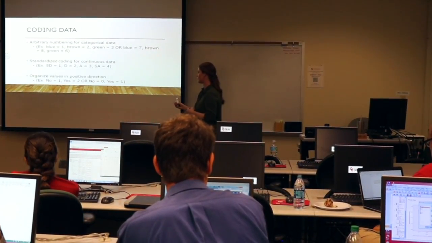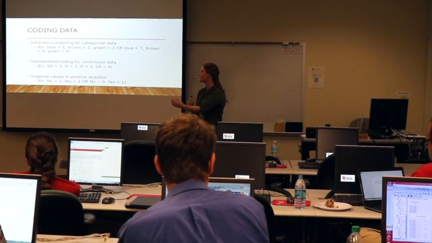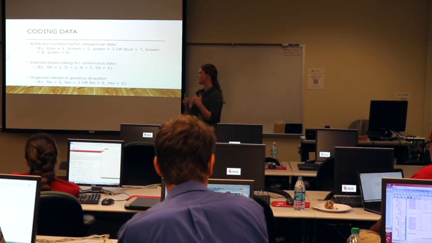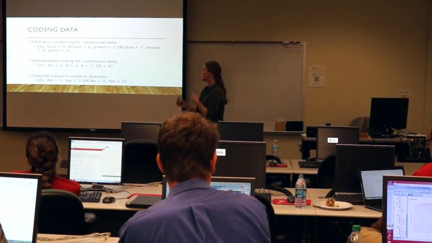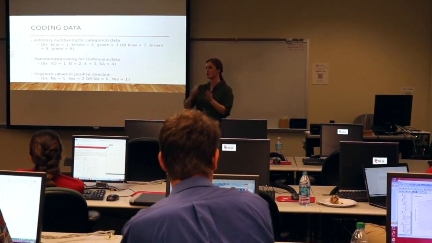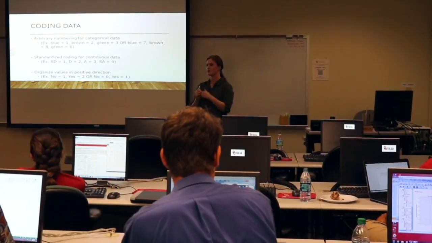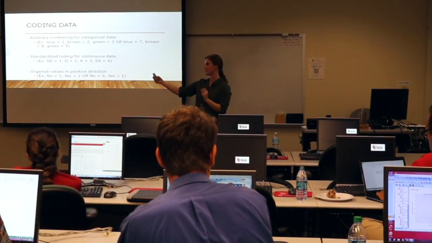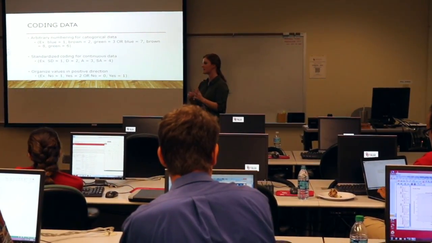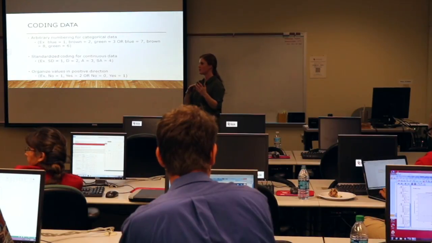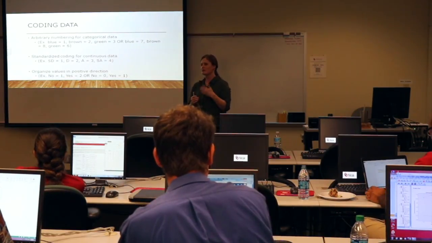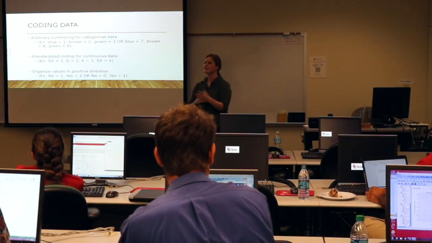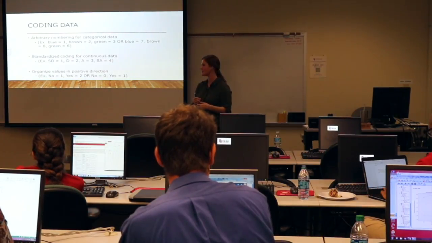And then organizing the values in a positive direction. We think of something like strongly disagree as being negative more often than not. So start out with a 1 and go up in the values from strongly disagree to strongly agree, or none of the time to all of the time. So going up in that direction makes it easier to interpret the data later when you are in that phase.